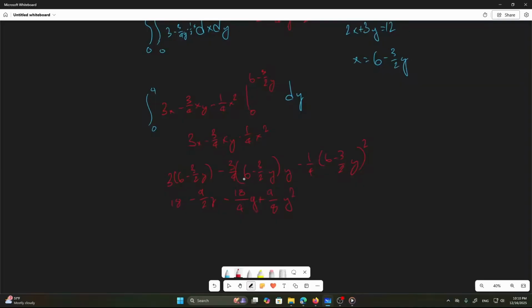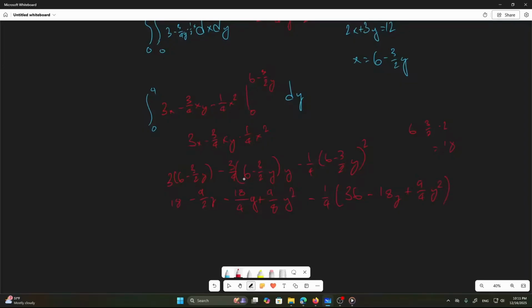This would be multiplied by y actually. Look at this. And then we would subtract 1/4 times 36 minus 6 times 3 over 2 times 2, which is 18y, plus 9/4 y squared.